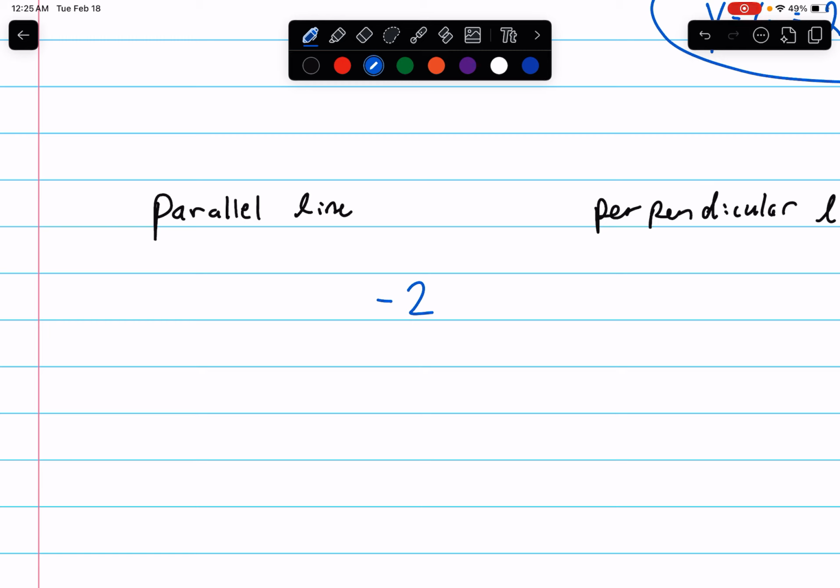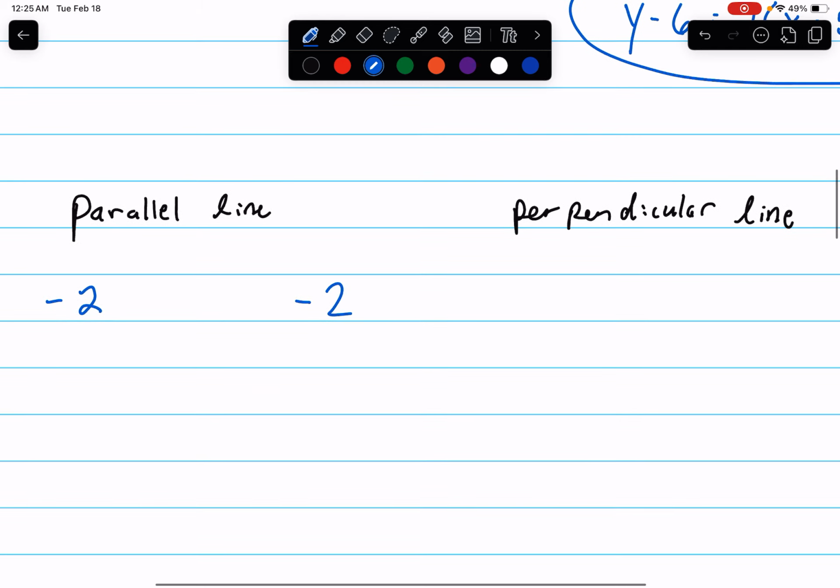If that line is parallel, that means that slope is also -2. If we're saying it's perpendicular, it's not going to be -2 again, but it's going to be flipped. That's that opposite reciprocal. So instead of negative, it's going to be a positive now. And instead of just 2, it's going to be 1/2.